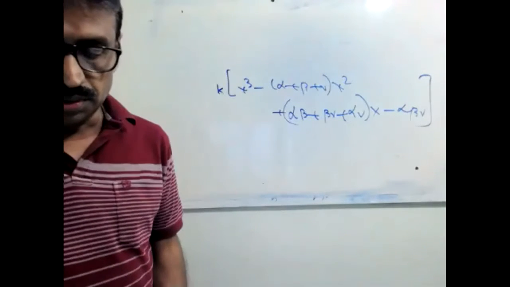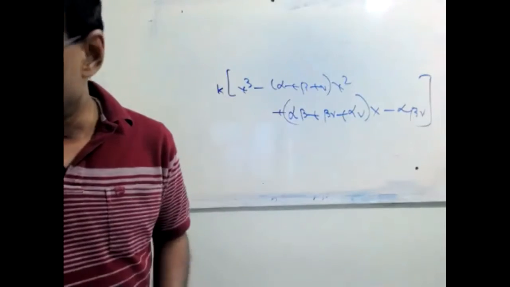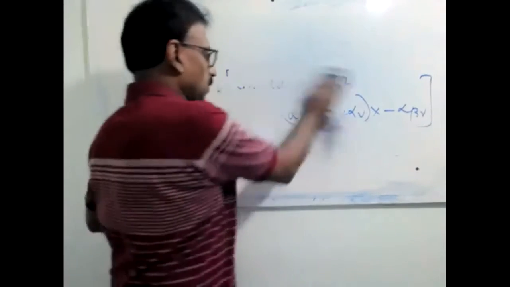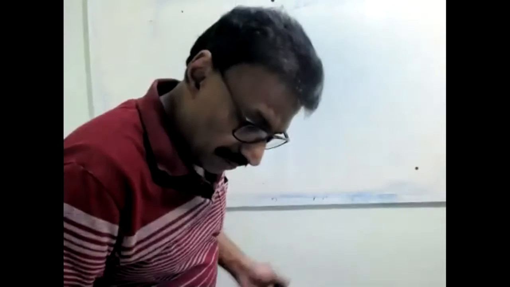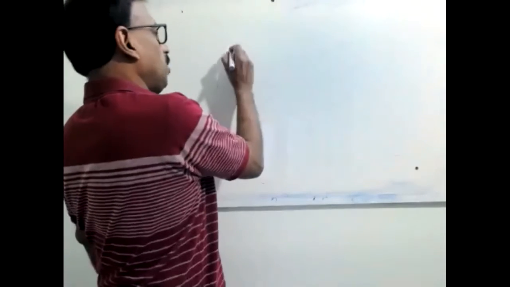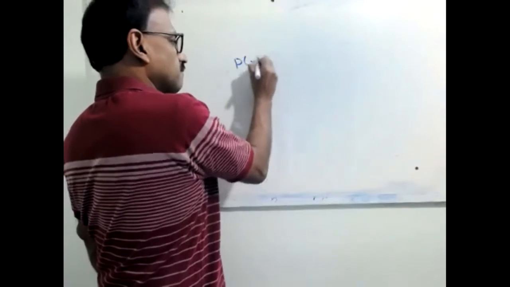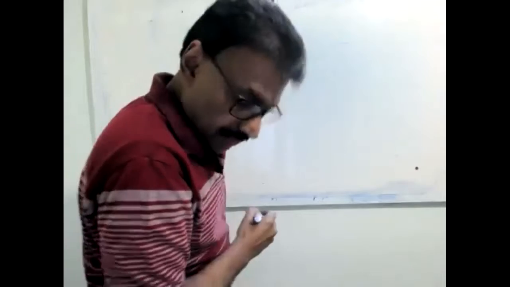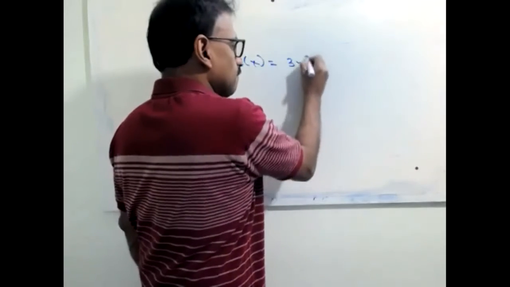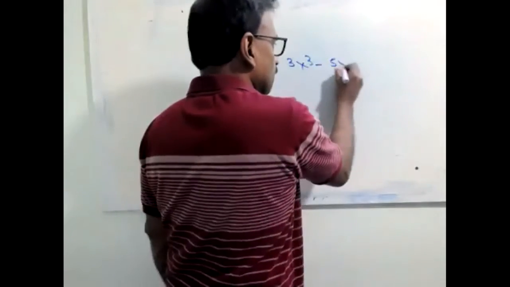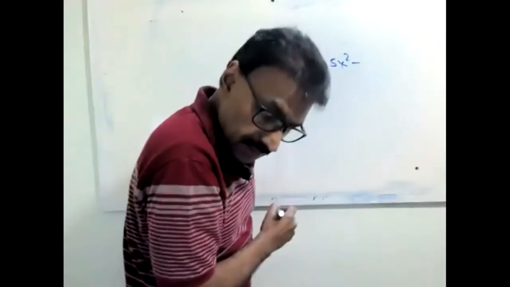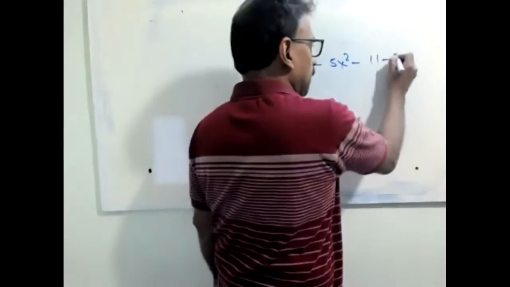Look here, the verification: p of x equals 3x cube minus 5x square minus 11x minus 3.